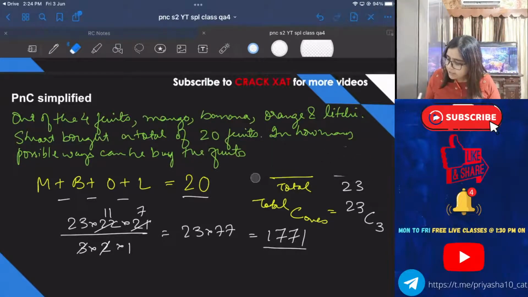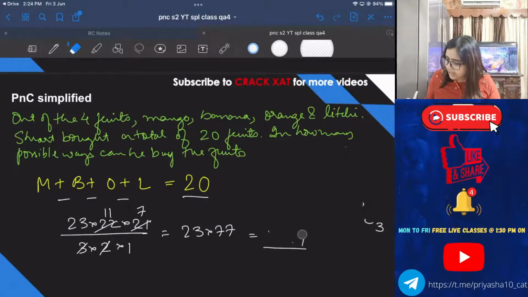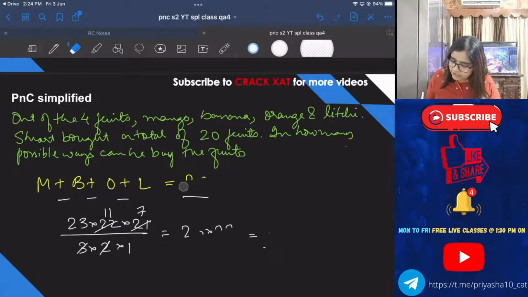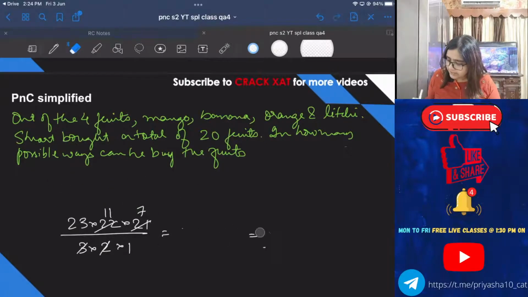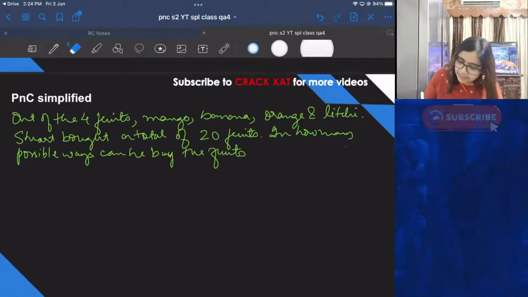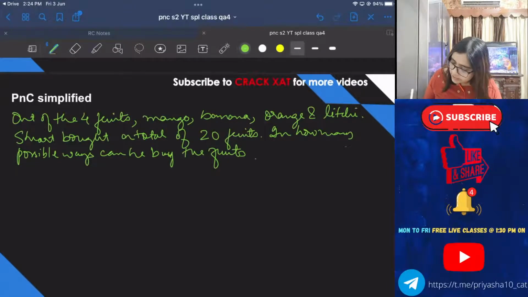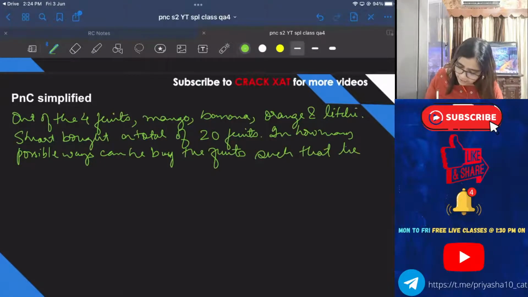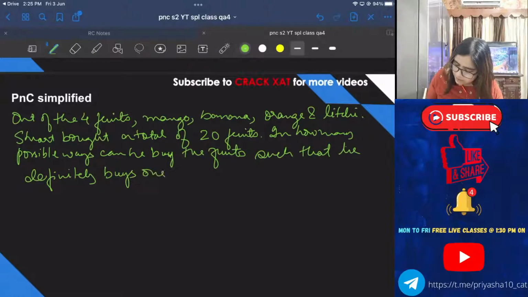So I am deleting all the part which I wrote as an answer, and I am going to change the question a little bit for you and give it to you as homework. So take it as a screenshot. We will discuss it in the next class. So the question is, in how many possible ways can he buy the fruits such that he definitely buys one fruit of each type?